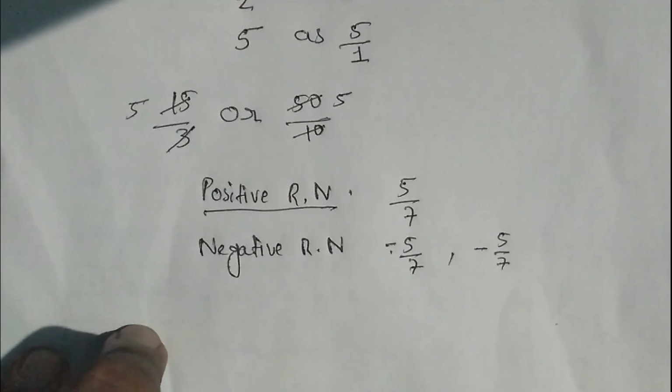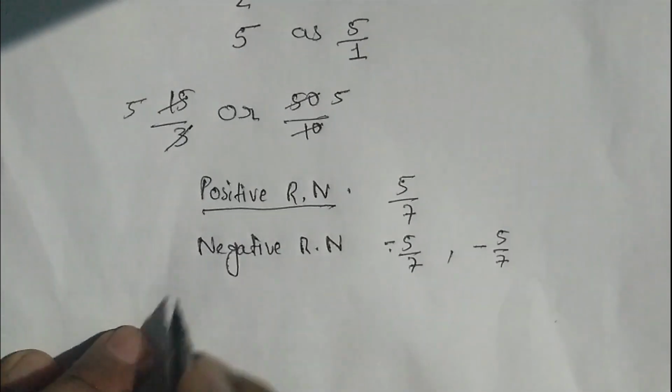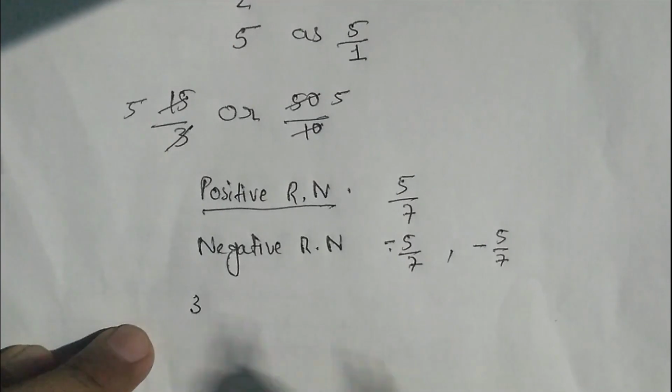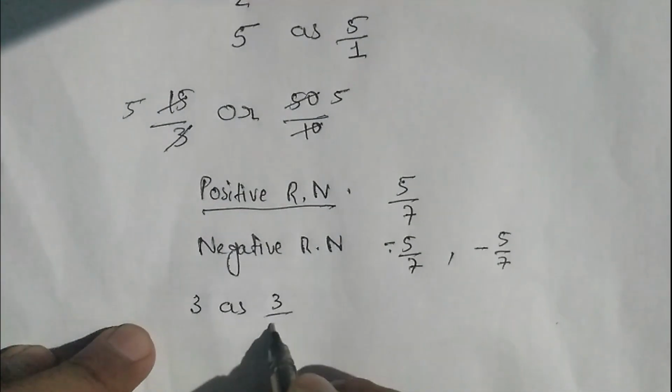So my dear friends, as mentioned earlier, natural numbers, whole numbers and integers are also rational numbers because they can be written as a fraction. The simplest way to do this is to put the number over 1. For example, if I want to convert 3 into a rational number, it can be written as 3 upon 1.